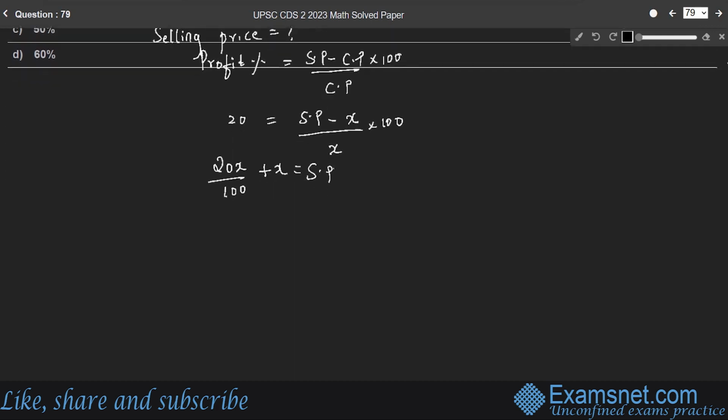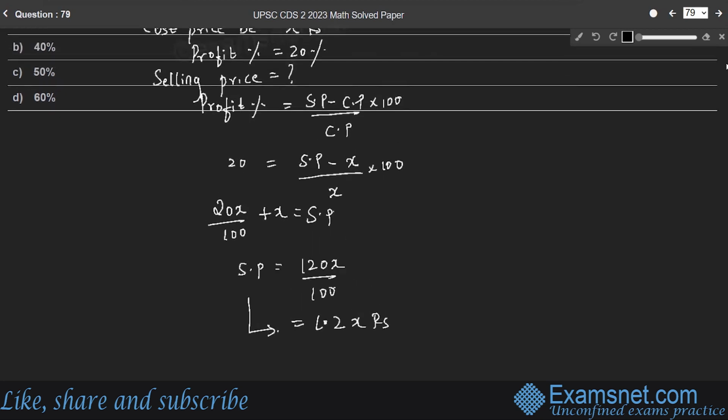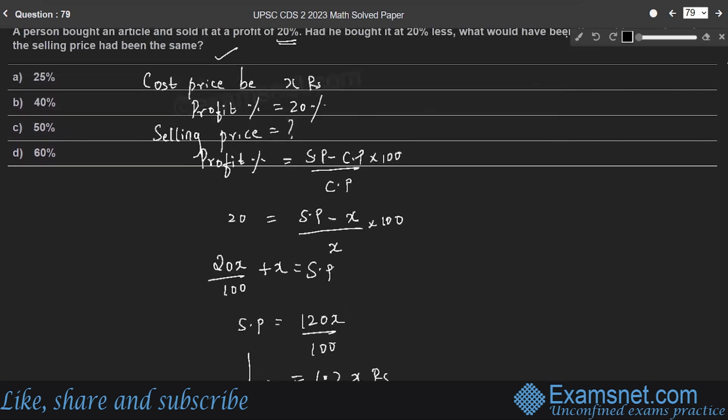So the selling price becomes 120x by 100, that is 1.2x rupees. Here the cost price is x rupees, the selling price is 1.2x rupees. Therefore, he gains a profit of 20%.